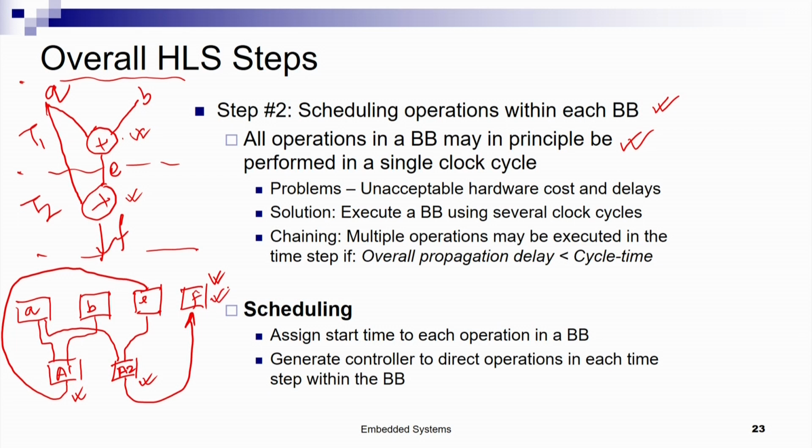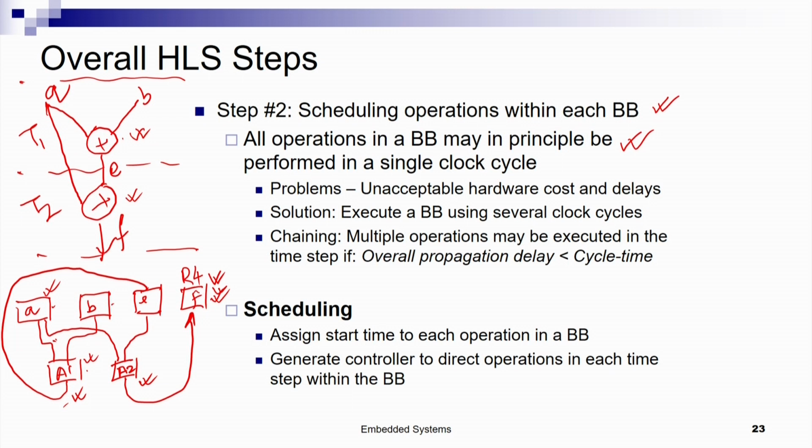Okay. Now, what is the constraint here? Constraints are the delays of these registers and functional units and the muxes and demuxes that we have. Now, if we have a clock cycle which is greater than the summation of the delays of these registers, muxes, functional units, etc., then after the start of the time cycle, we wait for a sufficiently long time, and we will see that the output has correctly come into register R4.